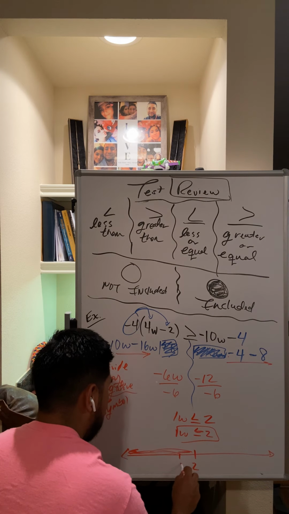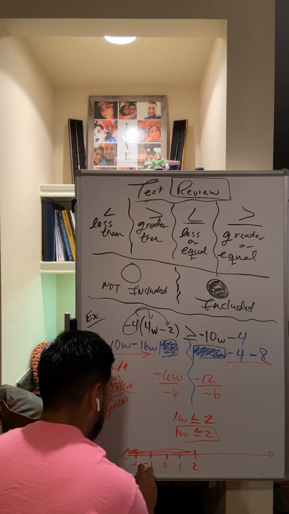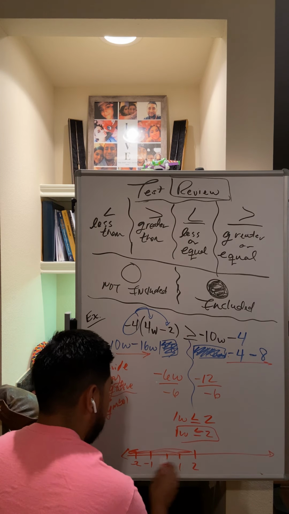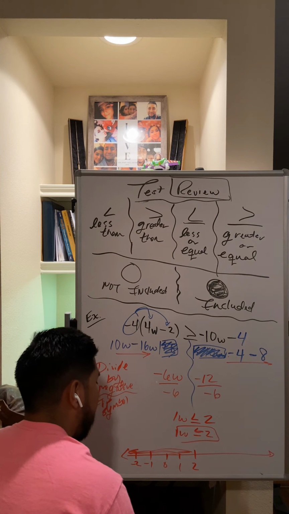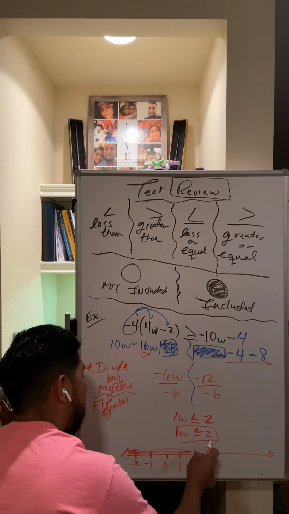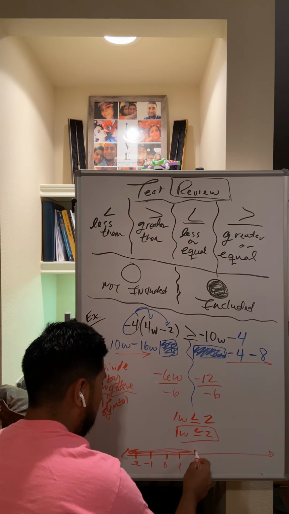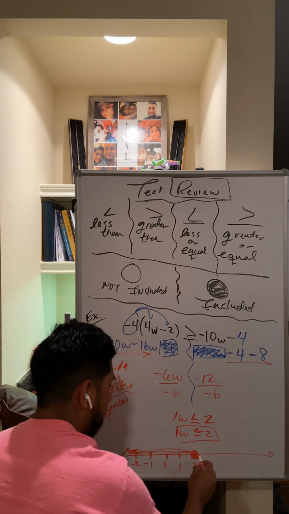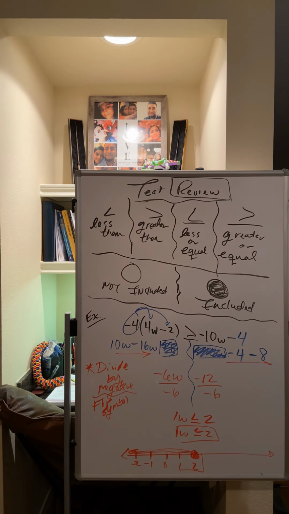So it's 1, 0, negative 1, negative 2, and so on. Those are the numbers in the solution set. Forgot one thing. Is the 2 included? Less than or equal to? Closed circle. Yes, it is. All right, cool, good stuff.